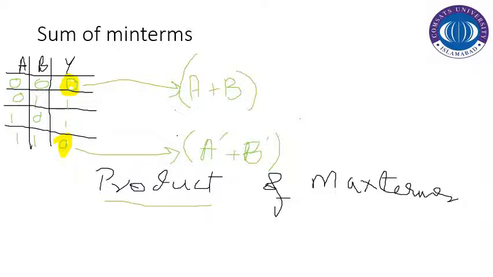So the expected function would be A or B, and A prime or B prime.